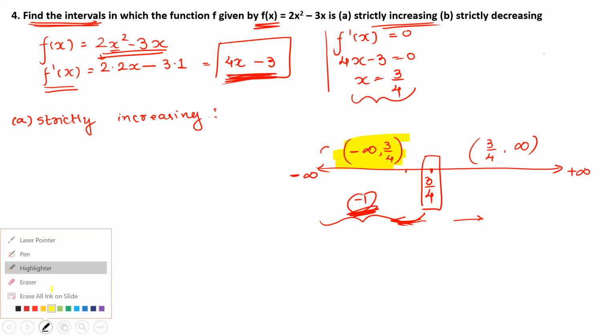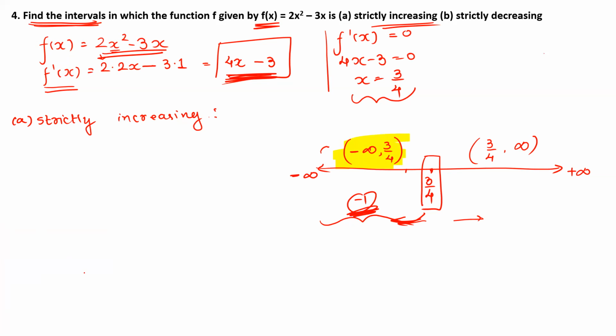In this kind of method, we are just going to take any number. You can take minus 2 also. It's just that we are checking whether f dash x is greater than 0 or less than 0. You can substitute any value in this interval.